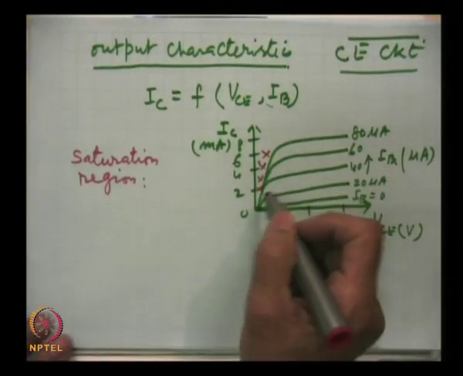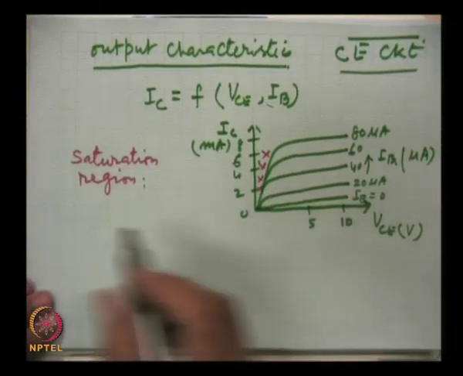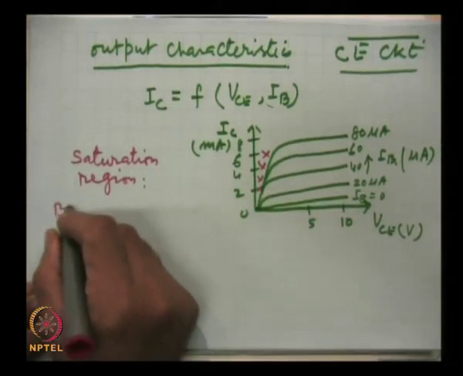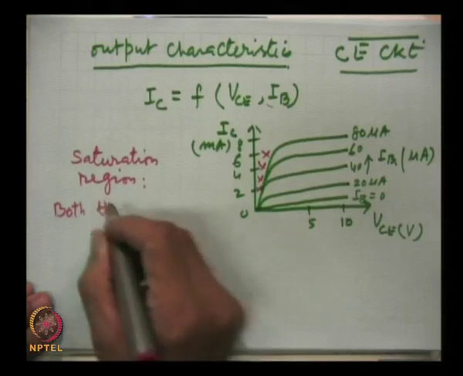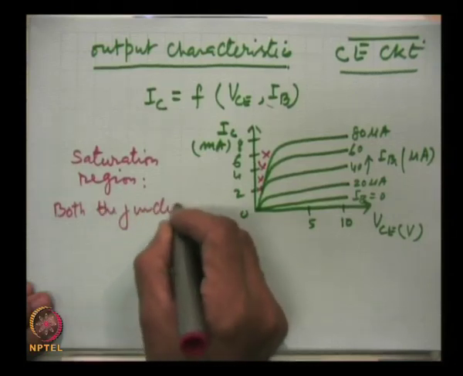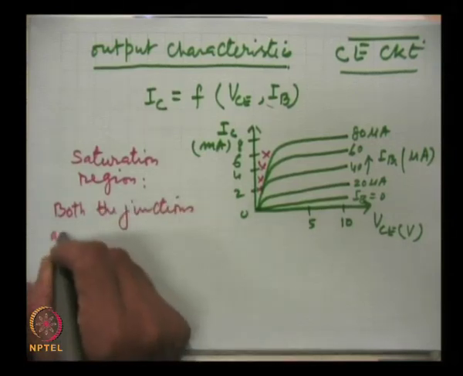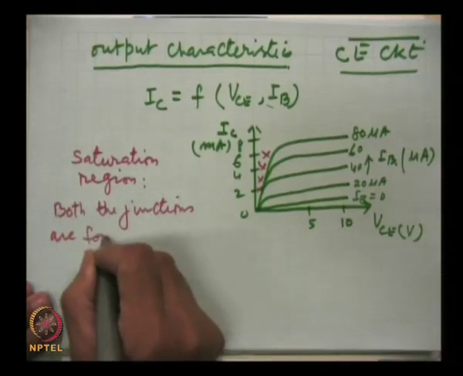Here I will show you that both the junctions are forward biased.